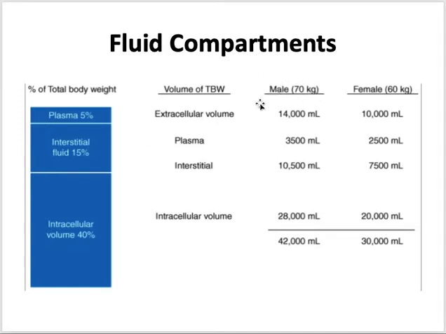Here they talk about a 70 kg male and a 60 kg female. If you pay attention to these two values, the intracellular is around 28 liters, whereas the extracellular is about 14 liters, with around 10.5 liters in interstitial fluid and 3.5 liters in plasma.